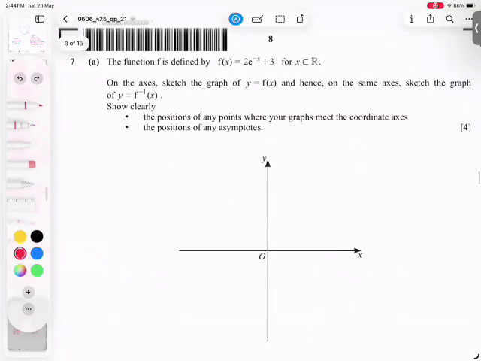And how can we find the graph? Basically, you can sketch some numbers, some negative numbers and positive numbers.